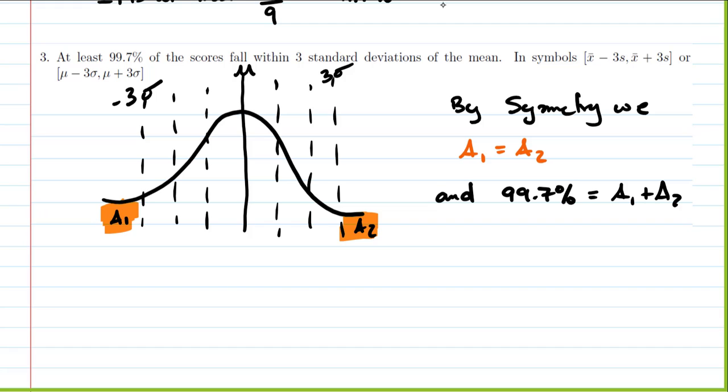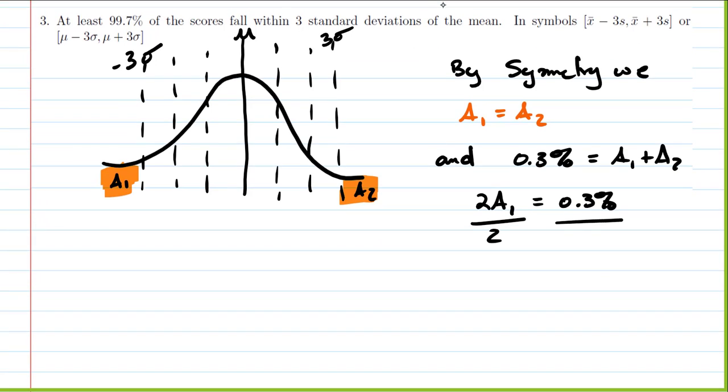But if they're the same thing, that means that 2A1 has to equal, sorry, the complement of this. So that should be 0.03, or 0.3%. So A1 plus A2 has to equal 0.3%, but A1 and A2 have to be the same by symmetry. So 2A1 has to equal this.